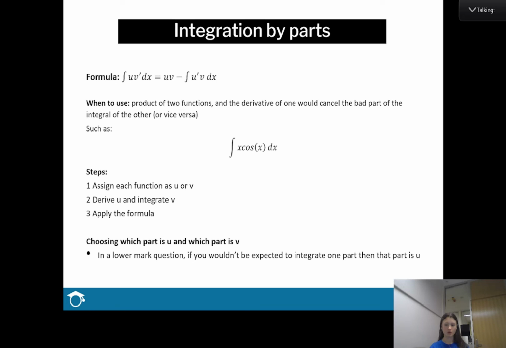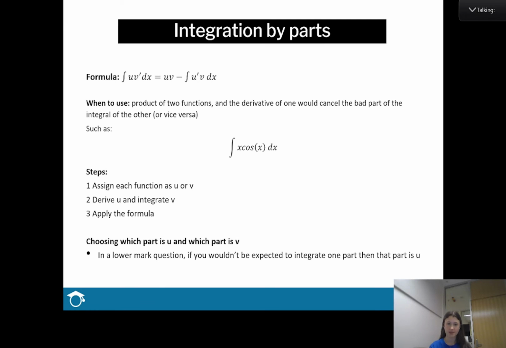So if you have a product of x ln x and you are asked to integrate it, you're probably going to let u equal ln x because you need to derive u. You wouldn't be expected to integrate ln x in that case, because integrating ln x requires integration by parts within itself, and if it's an easy question, you're not going to be expected to do integration by parts twice.